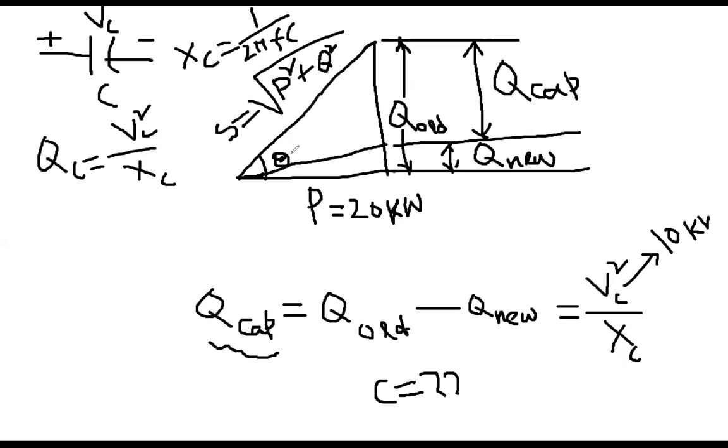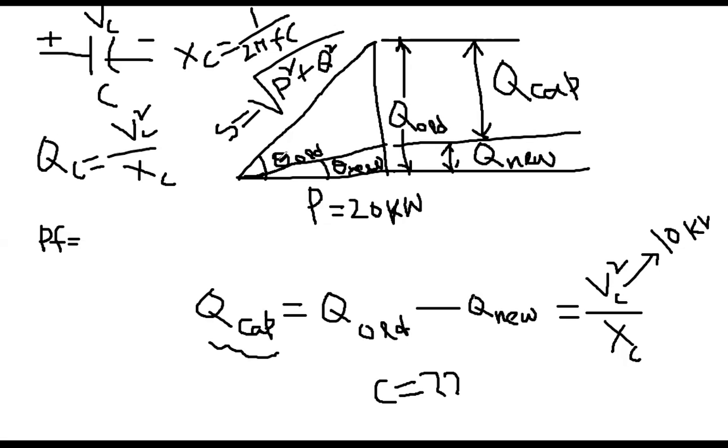When it was the Q old, there was the theta old value. And when this is the new triangle, then you have a new theta. This is your theta new value. So you have to know this information. If you see the problem, power factor was given.